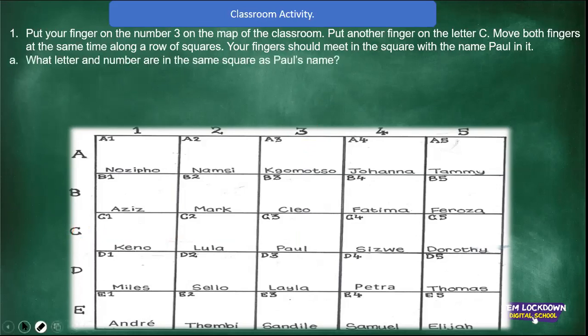Mute yourself, Zoe. What letter and number are in the same square as Paul's name? The letter and number that are in the same square as Paul.